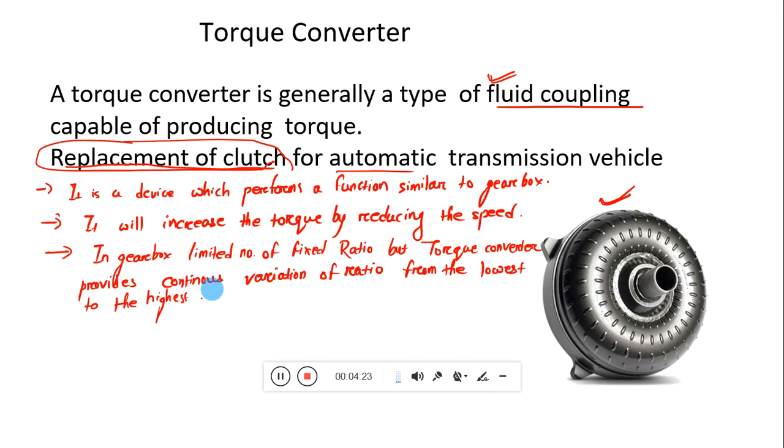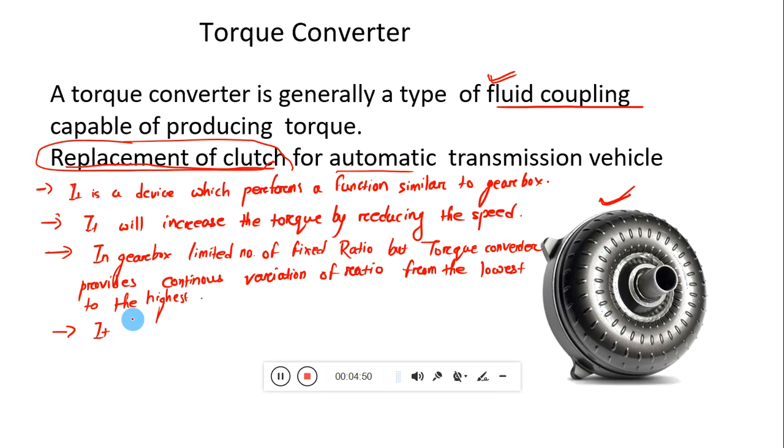It provides the maximum gear ratio starting from rest and gradually decreases the ratio as the vehicle gains speed. As I said, in the lower gear it provides the maximum gear ratio to increase the torque, and eventually it is reduced as the vehicle gains speed. This point should also be written.